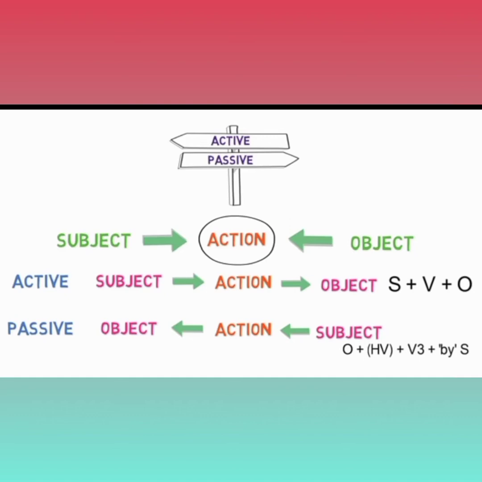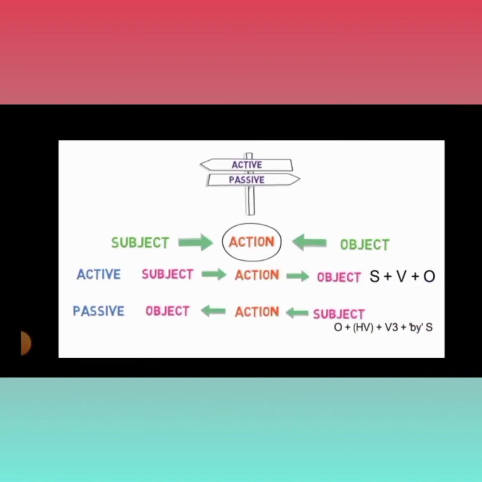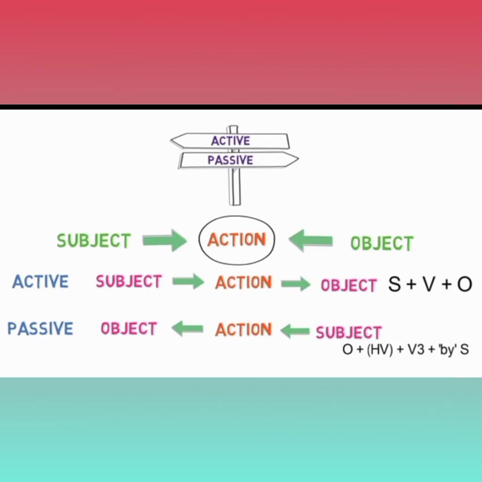Children, there are two ways in which we can describe an action performed by a subject in relation with the object. The first one is the active voice, and here the subject performs the action and the object receives the action. Okay, so the sentence structure is subject, verb, object.